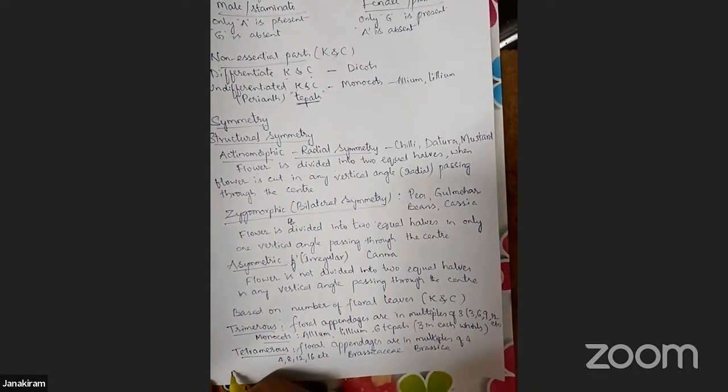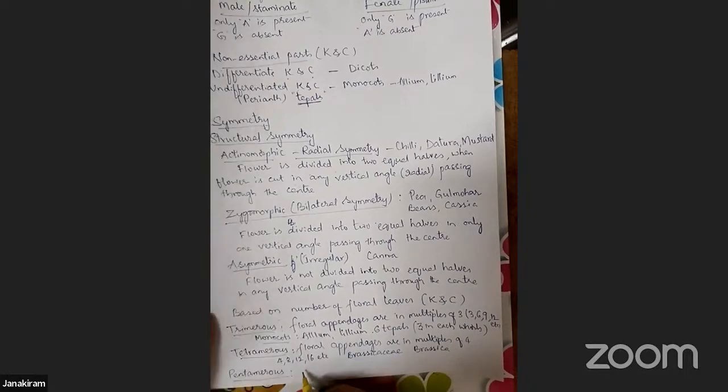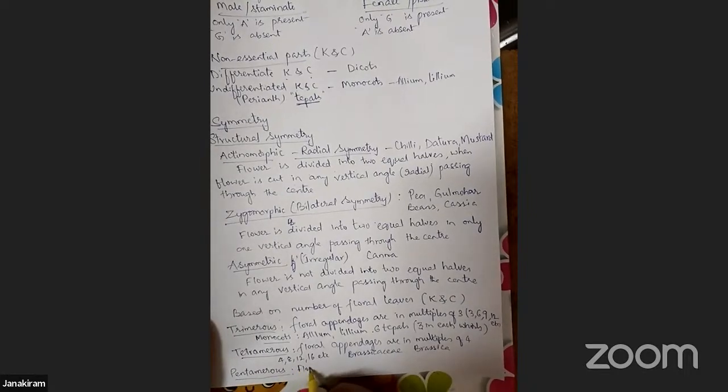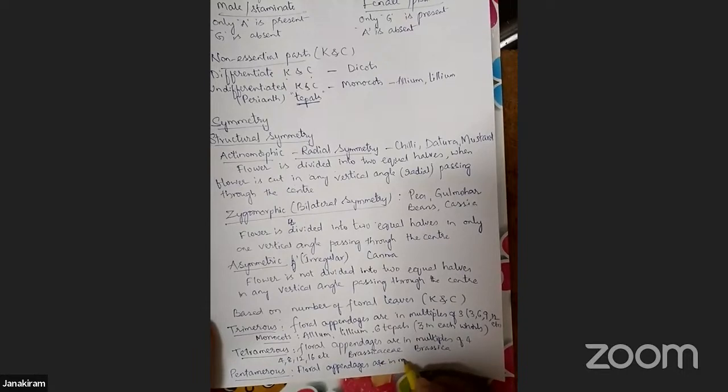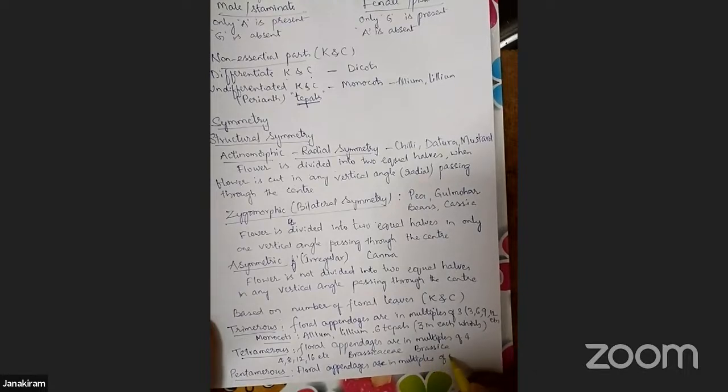And the last one is pentamerous, which is most common in dicots. Pentamerous is the one where the floral appendages are in multiples of 5, that is 5, 10, 15, etc. This type of character can be seen in dicots.